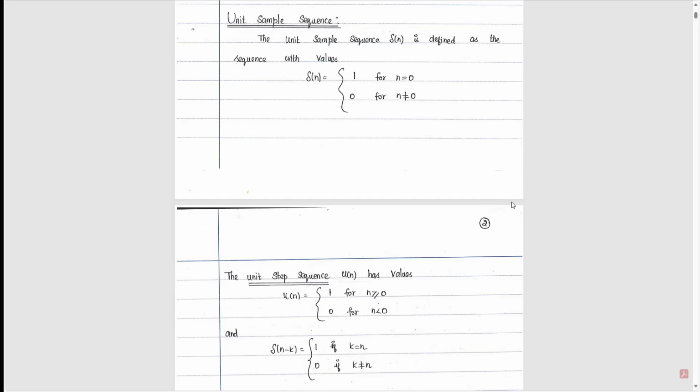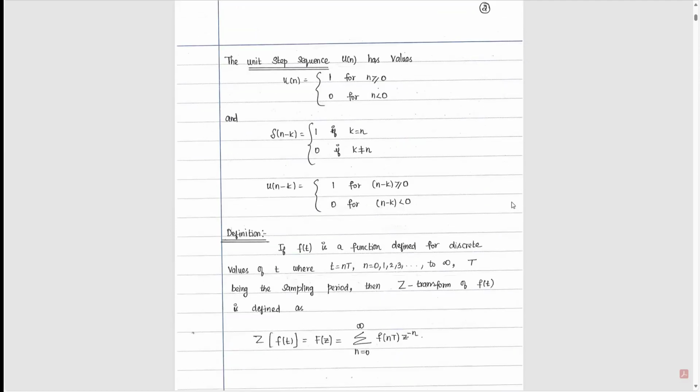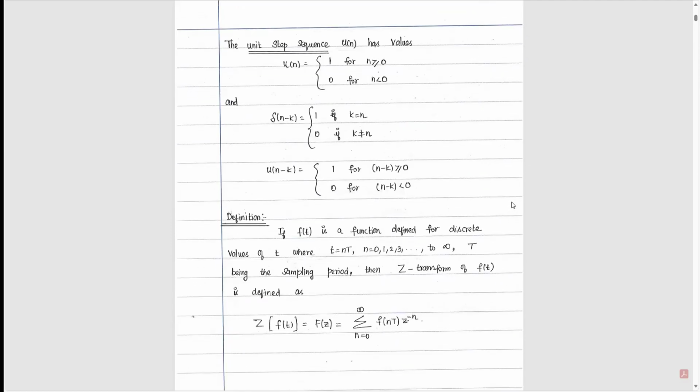And the unit step sequence is denoted by u(n), and we take u(n) equal to 1 when n is greater than or equal to 0 and 0 when n is less than 0. Got it?